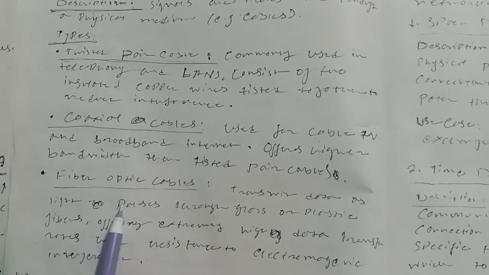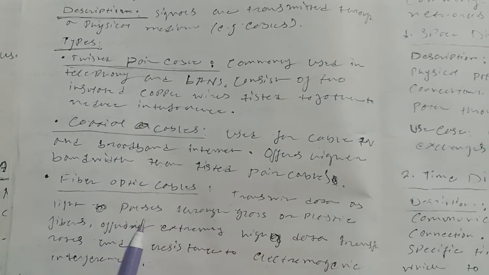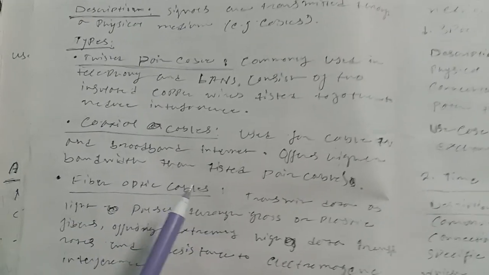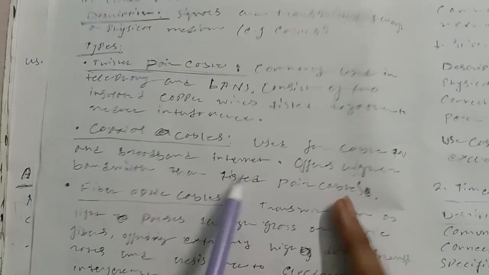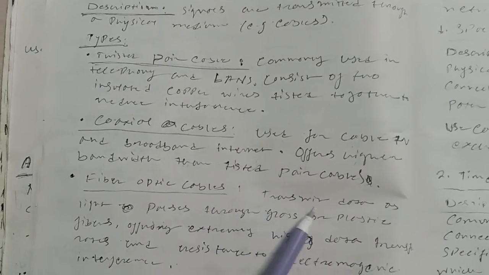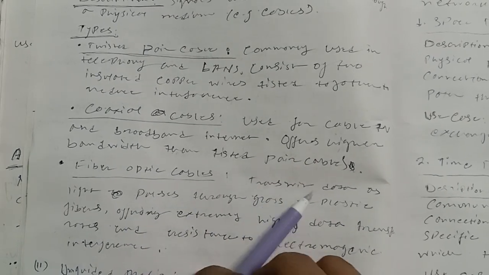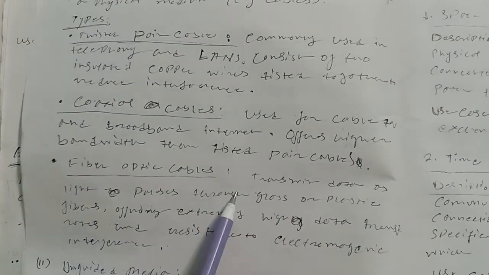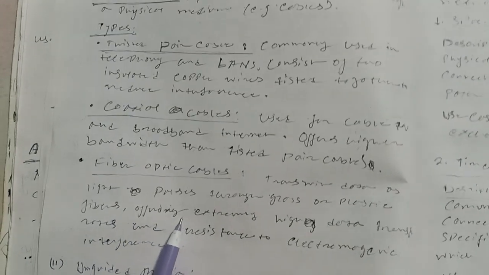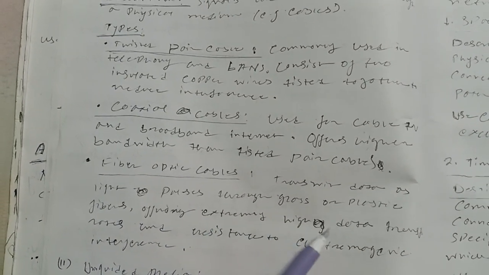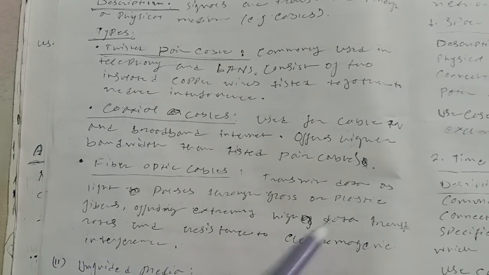Then we have fiber optic cable. Lastly, fiber optic cable transmits data as light pulses. It is the most modern kind of cable. The fiber optic cable is used everywhere. It transmits data as light pulses through glass or plastic fiber, offering extremely high data transmission and a high transfer rate.